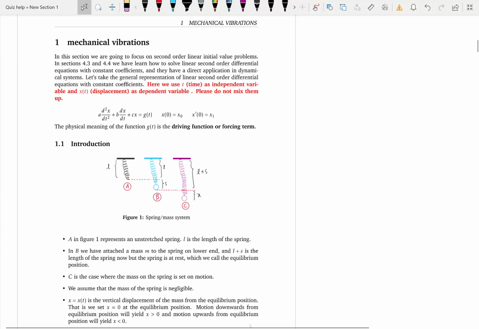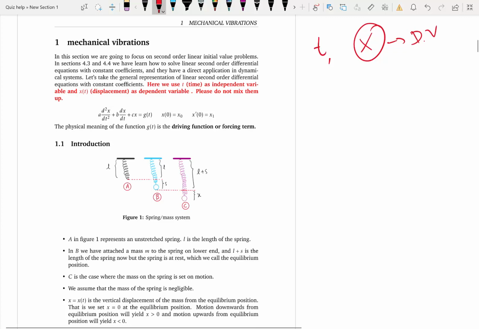All right. So let me set a few things straight here, at the beginning of the lesson. The independent variable in this application is going to be time, t. Usually we use x as the independent variable, but in this lesson we are going to use x as the dependent variable. Now this is very crucial, don't get mixed up.